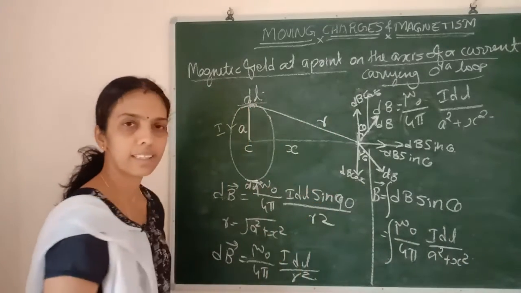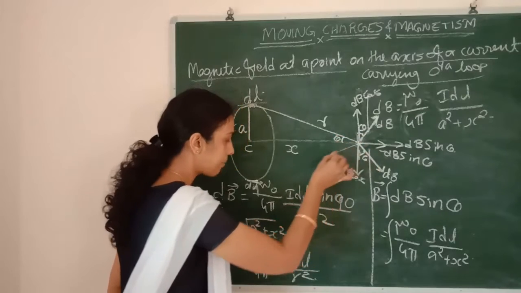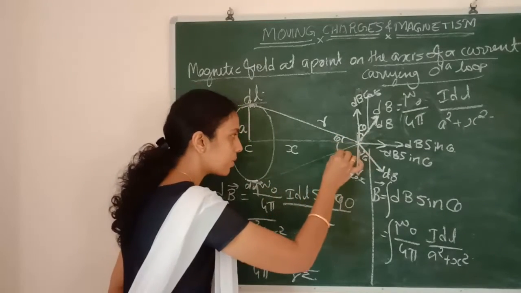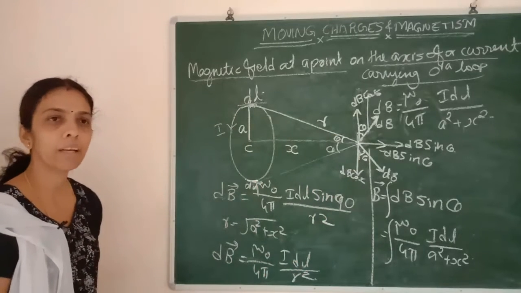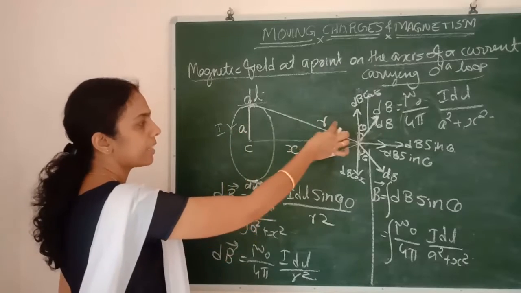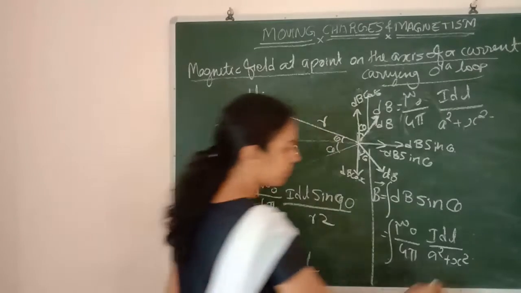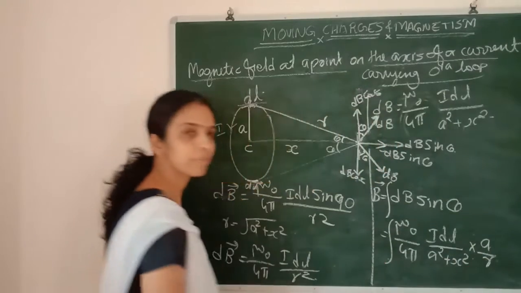What is sin theta here? If this is theta, then same way here this also will be theta. Tell me, what is sin theta? Opposite side divided by hypotenuse. The opposite side is A and the hypotenuse is R. So sin theta equals A by R.